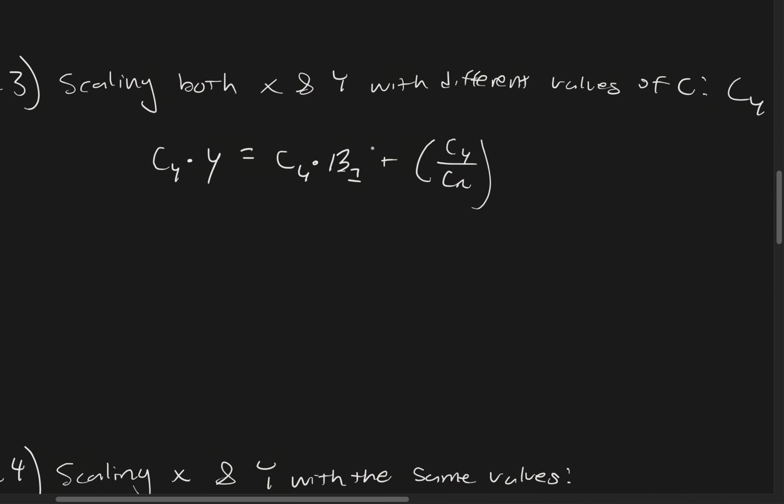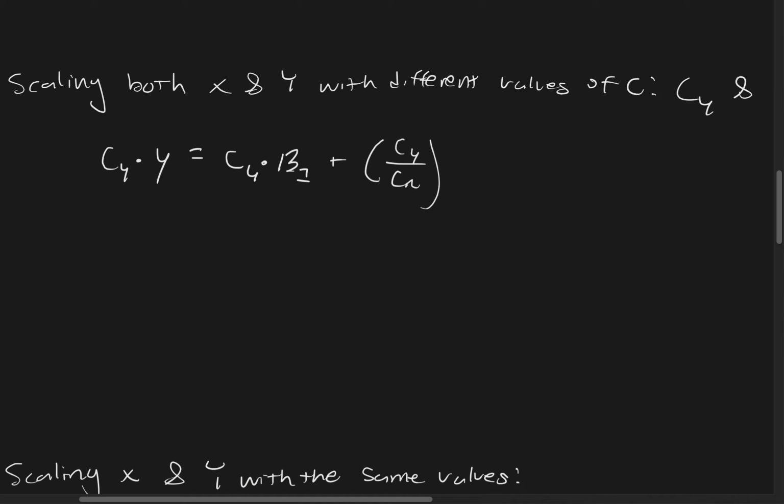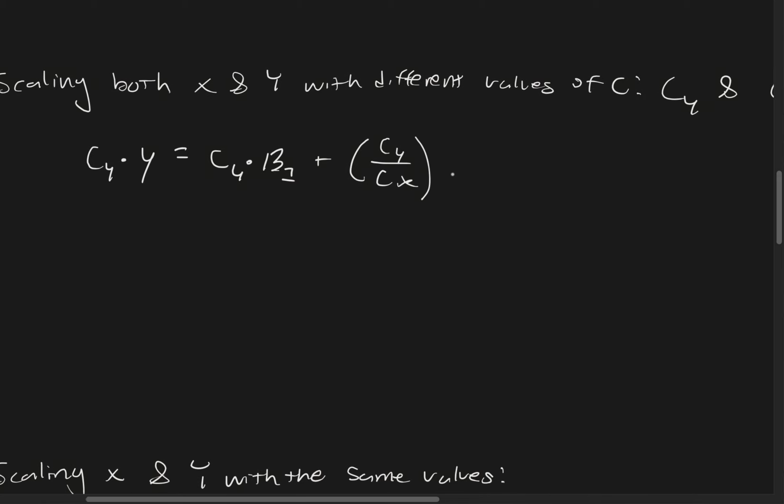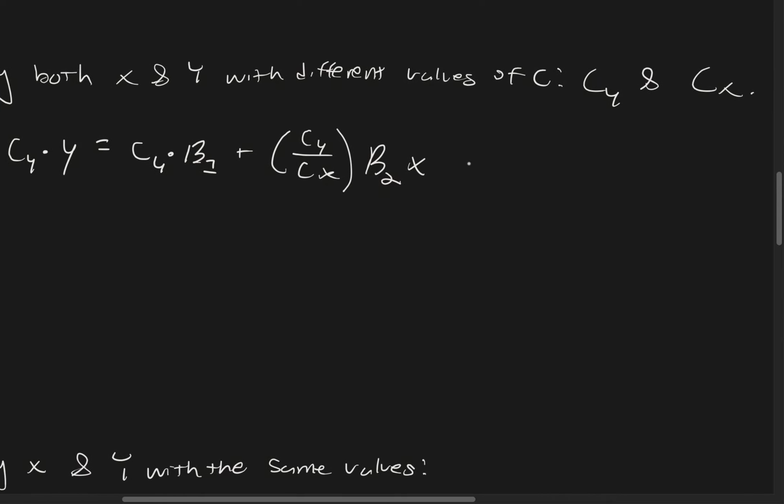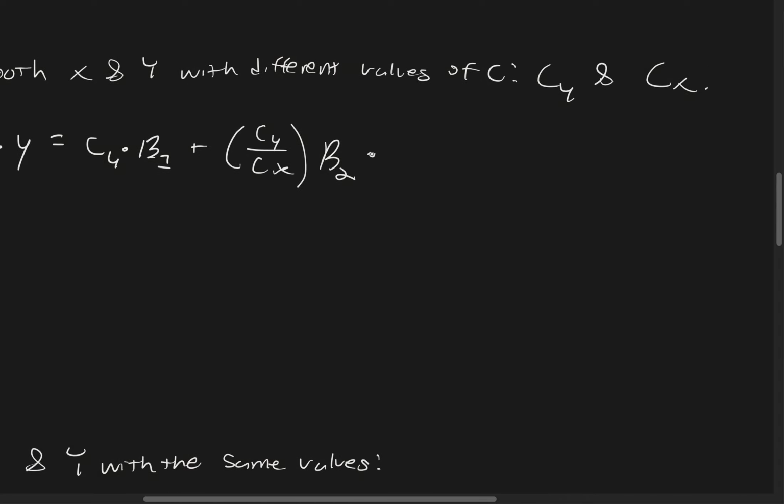So cy over cx times beta 2 x. Actually, that's not correct. So cy over cx beta 2, that's correct. But we also have to rescale the x variable itself, because that's what we did when we rescaled our x.